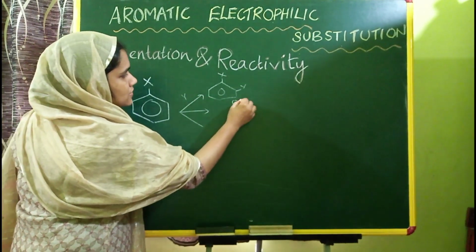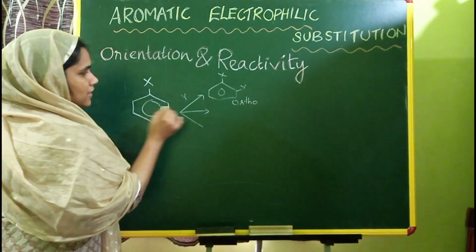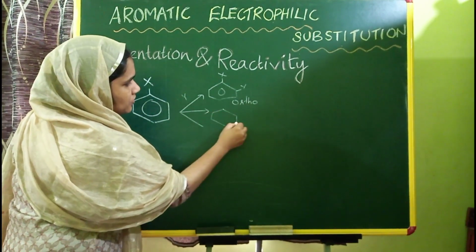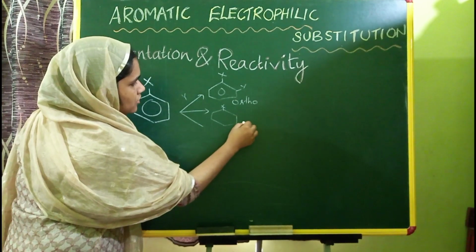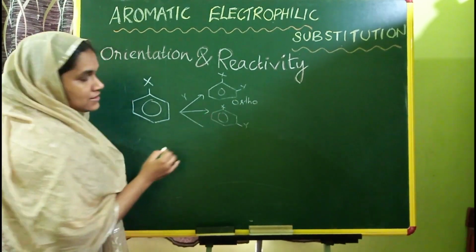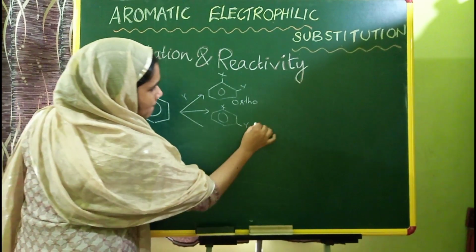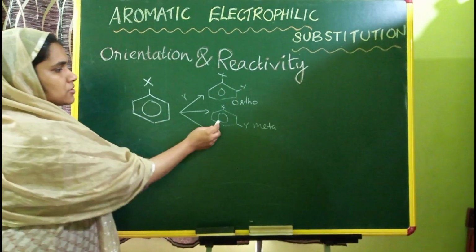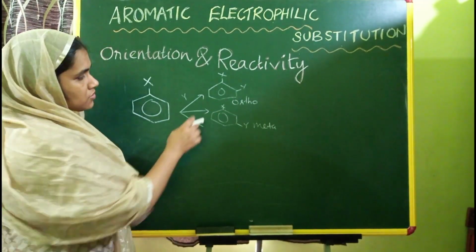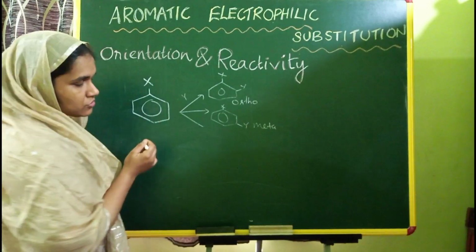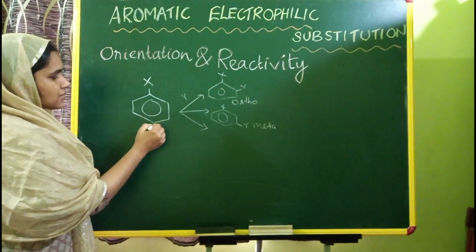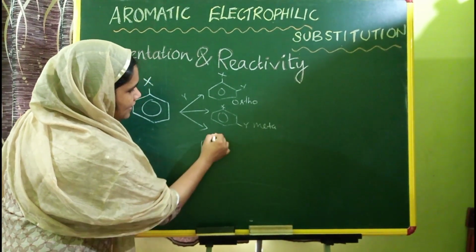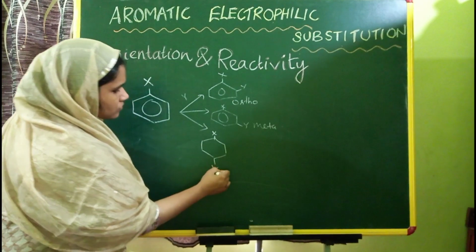This is the 1,2 position, then the 1,3 position, X, Y. This 1,3 substitution is called meta substitution. Then if this hydrogen is replaced by Y, we have a para substituted product.